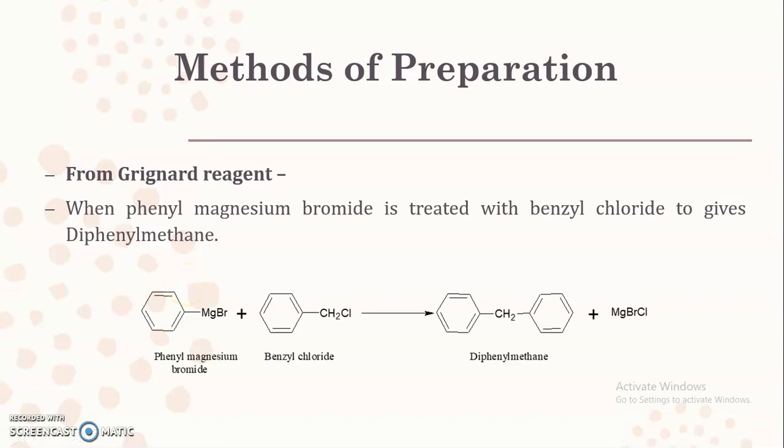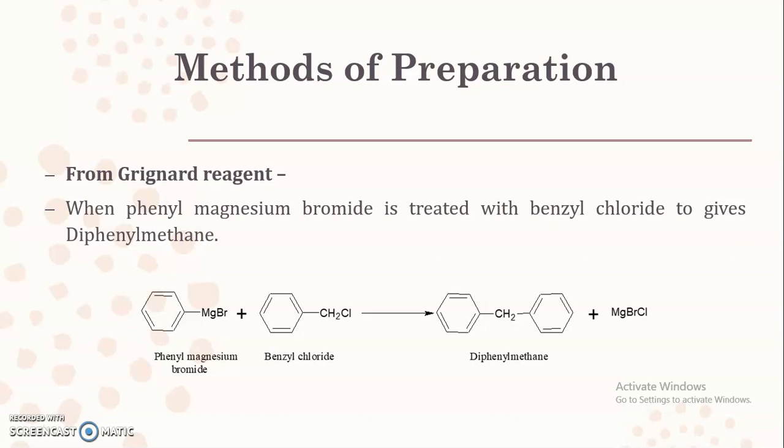Now this Grignard reagent itself is prepared from benzene, where benzene, when treated with magnesium in the presence of bromine, will be converted into phenyl magnesium bromide. This phenyl magnesium bromide, when reacted with benzyl chloride, will be converted into diphenyl methane.